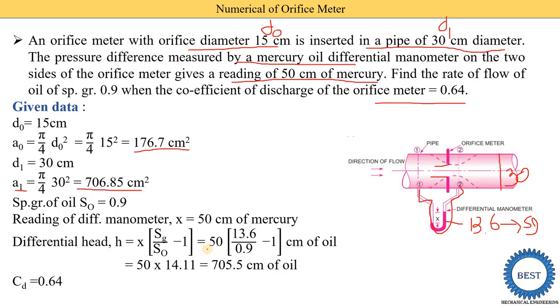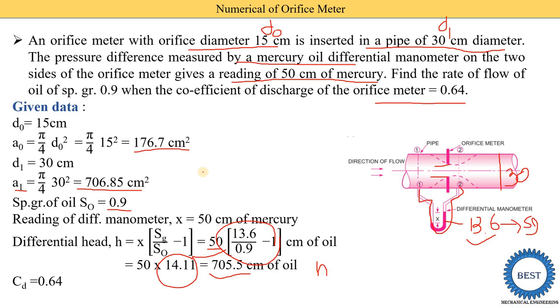So here x is 50, Sg is 13.6, divided by specific gravity of oil 0.9, minus 1. If we calculate this value, we get 14.11. So 50 into 14.11, we get the answer 705.5 centimeter of oil. So this is our H.